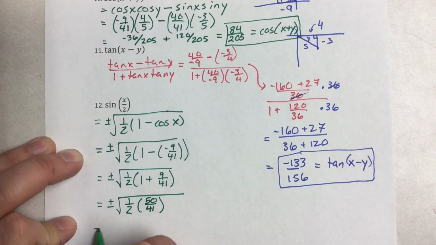Which gives us plus or minus the square root of 50 over 82.